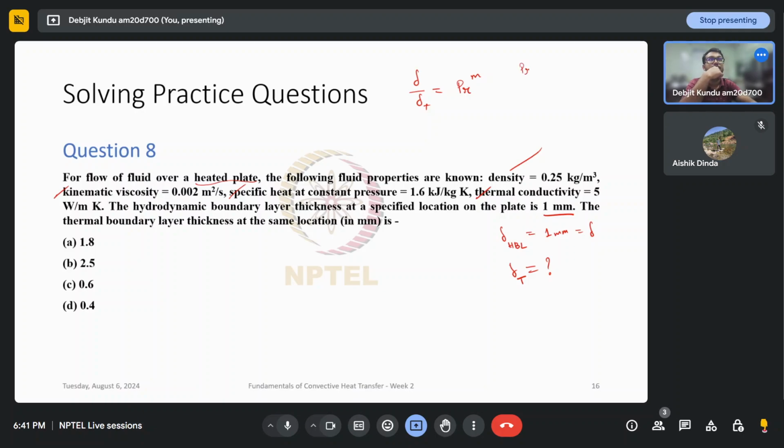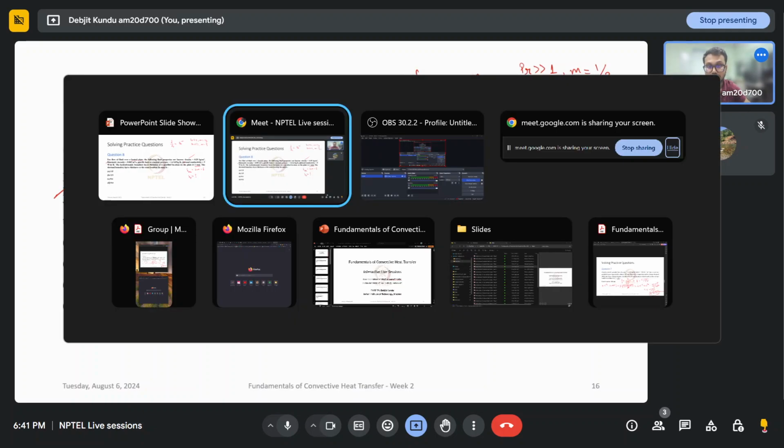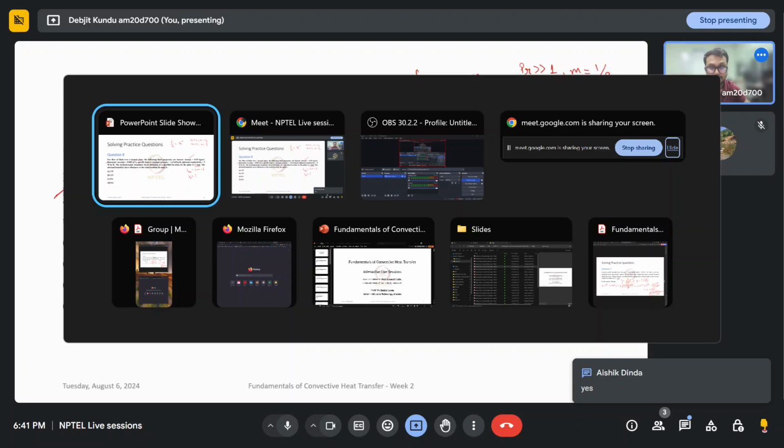So if the Prandtl number is much greater than 1, m equals 1/3, I guess, and Prandtl number less than 1 means m equals half. Am I right? I'll just check once. It could be the other way around as well. This is correct, right?